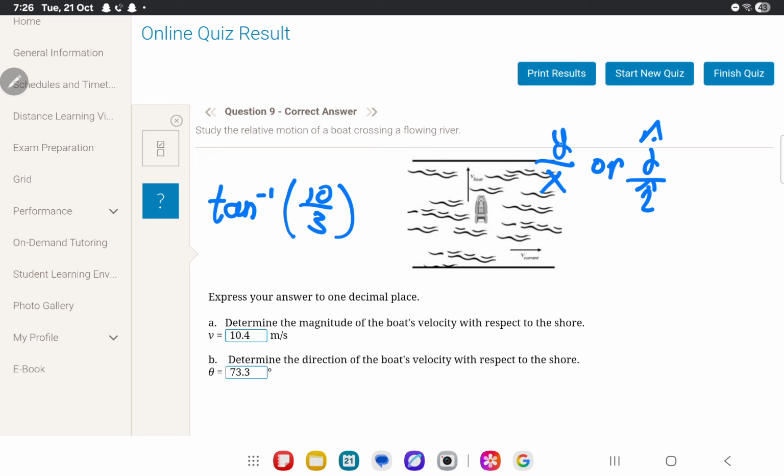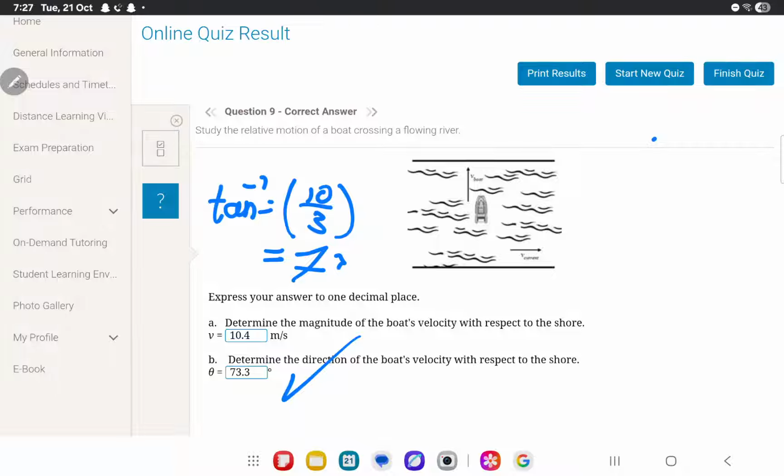Sorry, why did I get a syntax error? Oh wait, I did tan instead of inverse tangent. The inverse tangent of 10 over 3 gives you 73.3 degrees. This is the correct answer. Done. All right, now question 10.